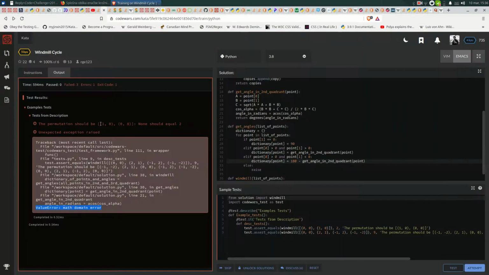Yeah, right over here it says a cos alpha. If I do a float over there, will that help it?